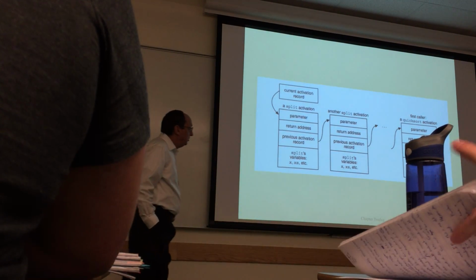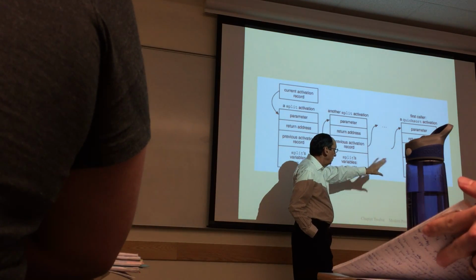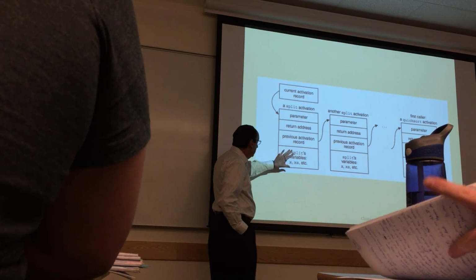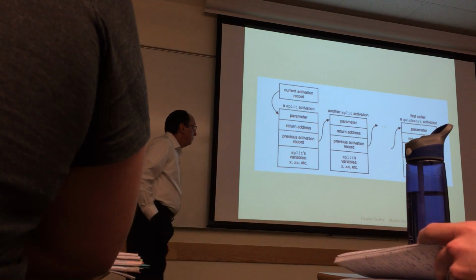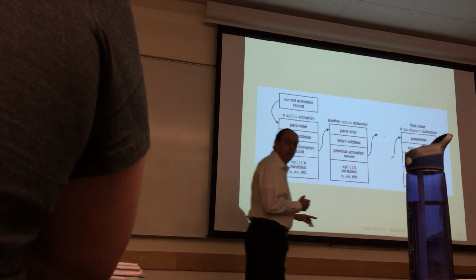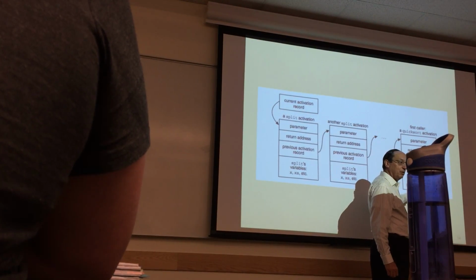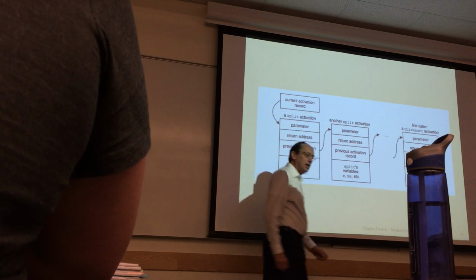So I'm going to skip down to a picture here. These represent activation records, so quicksort is called, and then it calls split, which calls itself recursively. But there needs to be a way to get at pivot, which is in quicksort's activation record. And remember how we got that last time?